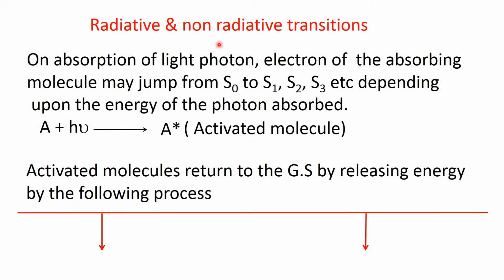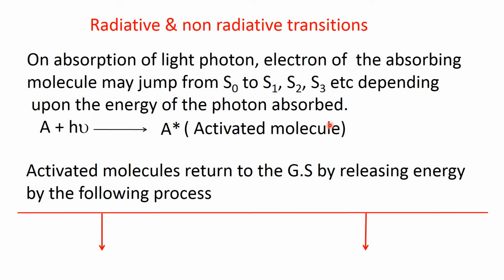Now coming to radiative and non-radiative transitions. On absorption of a light photon, electrons of the absorbing molecule may jump from S0, that is the singlet ground state, to a higher singlet state, say S1, S2, S3, etc., depending upon the energy of the photon absorbed.